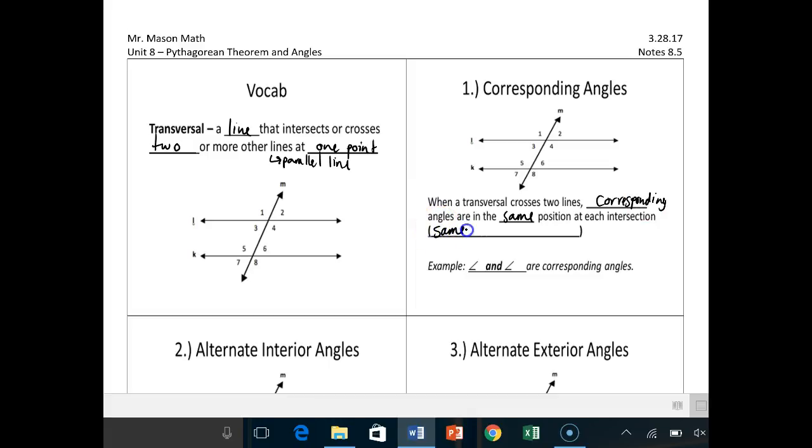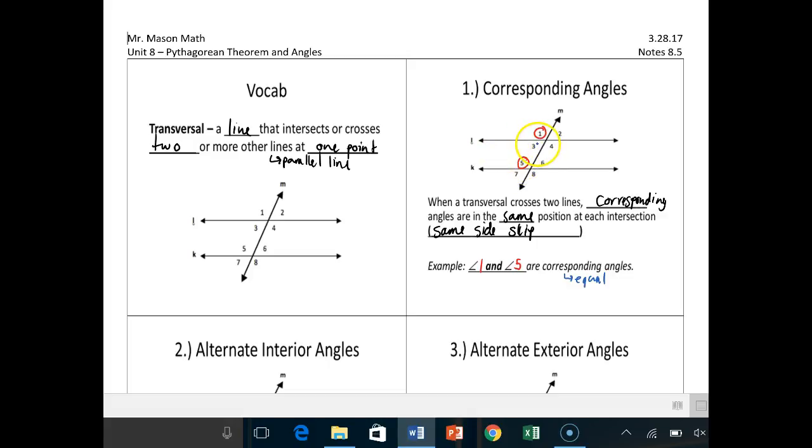An easy way to say this is they're on the same side and they just skip an angle. So for instance, angle 1 and angle 5 are corresponding. What does this mean? That means they are equal. Okay, so if I told you that was 105 degrees, this would be 105 degrees.